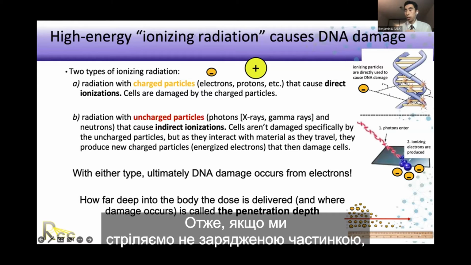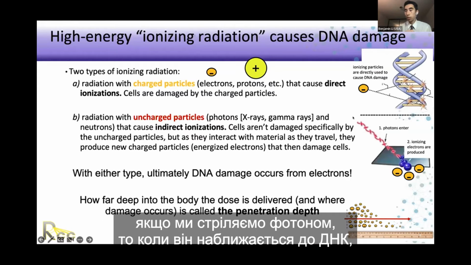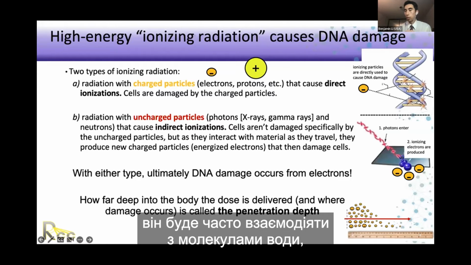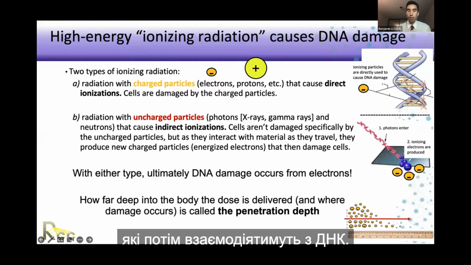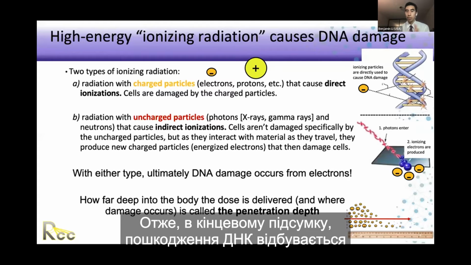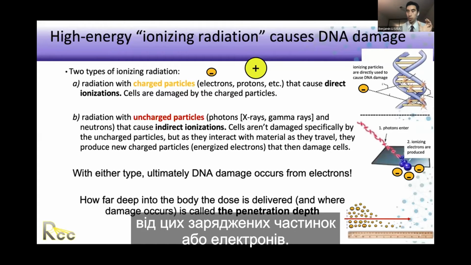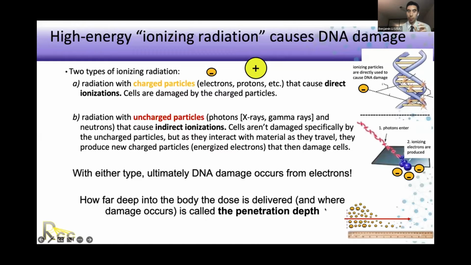So if we're shooting a photon, when that gets close to the DNA, it's going to interact often with water molecules, which will then produce charged particles, which will then interact with the DNA. So ultimately, DNA damage is occurring from these charged particles or electrons.